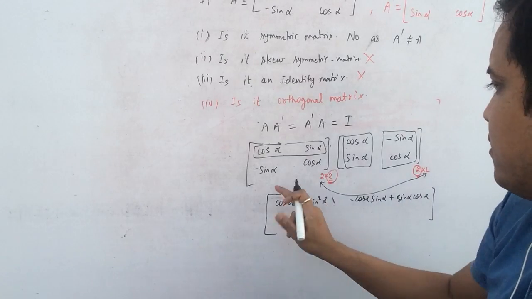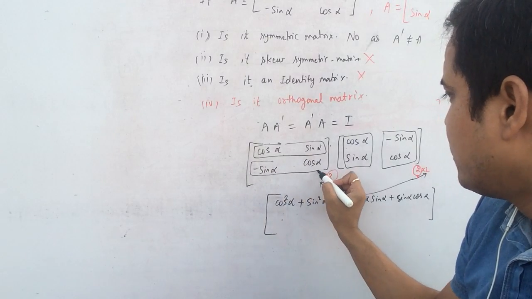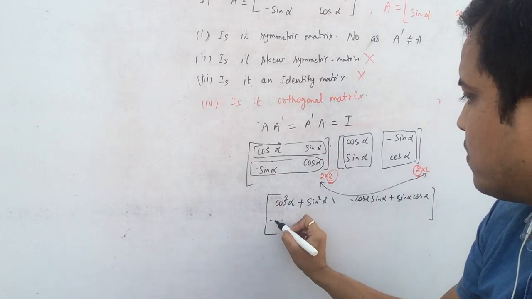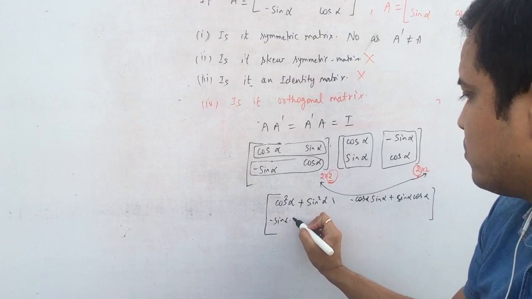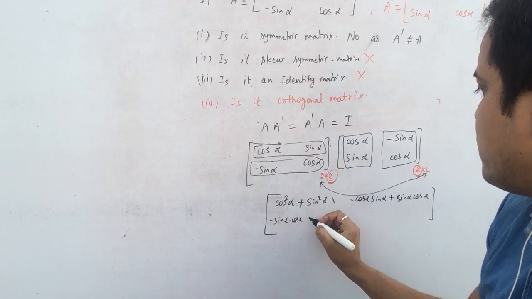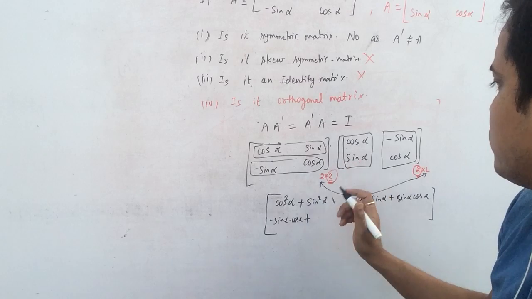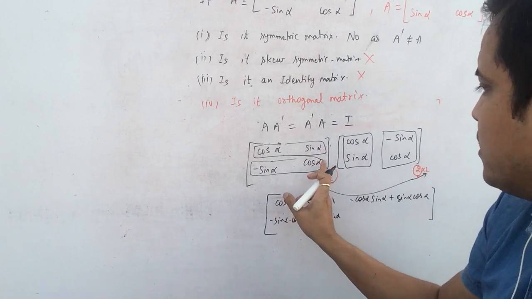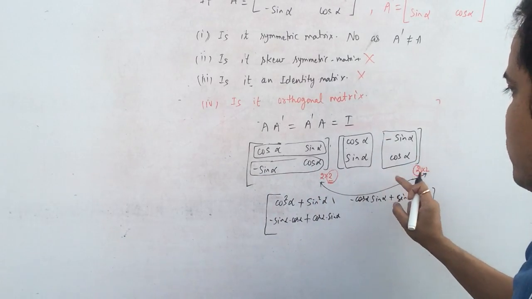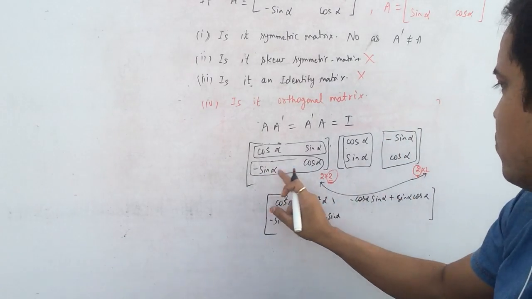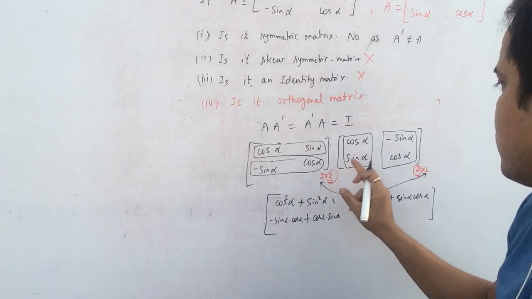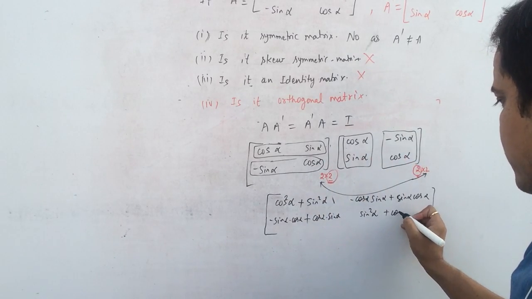Now the second row with the first column: minus sin alpha into cos alpha plus cos alpha into sin alpha. Row 2 with column 2: sin square alpha plus cos square alpha.